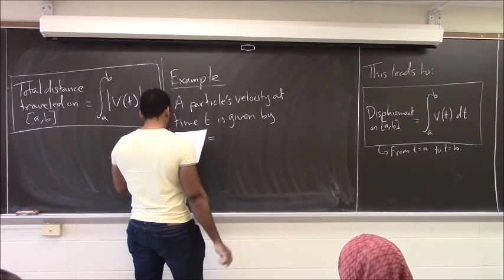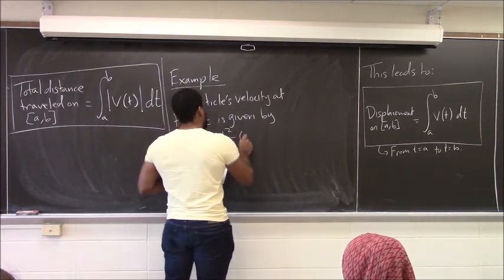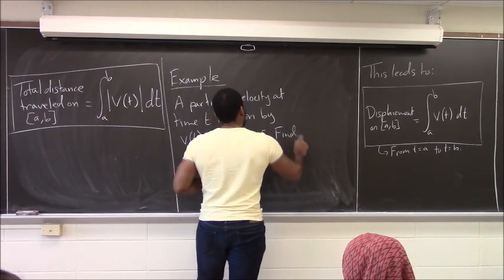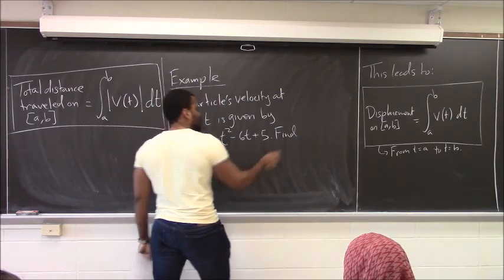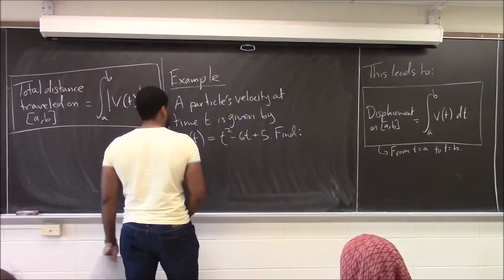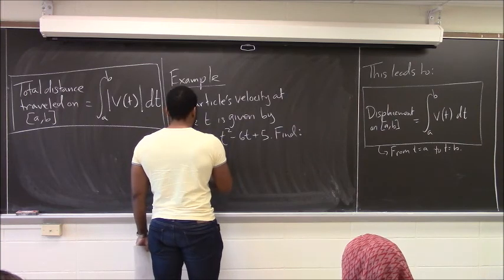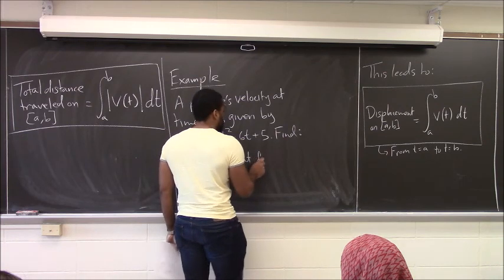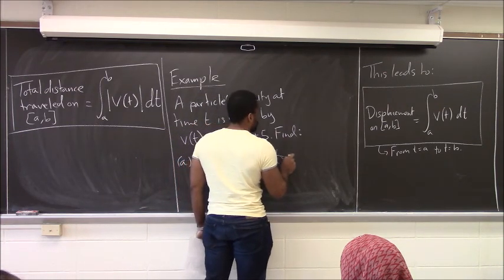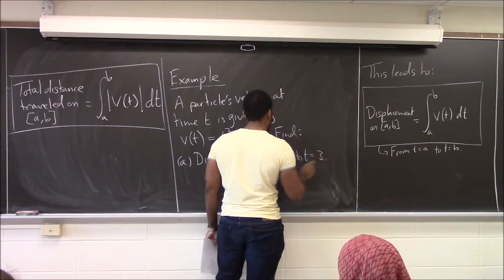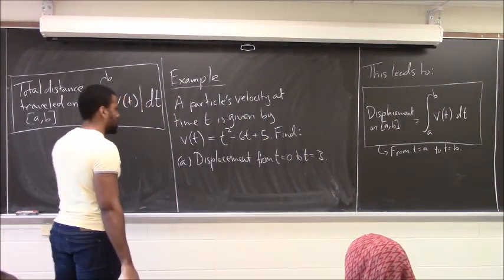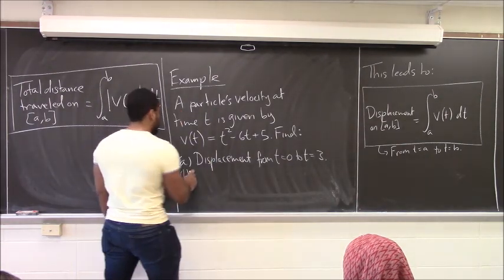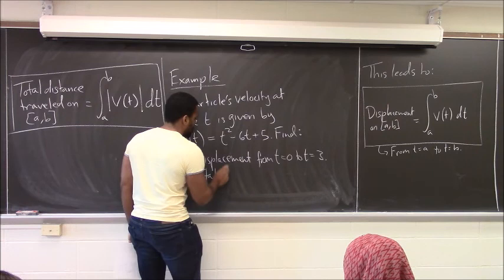But we know the velocity function is given by, say, t squared minus 16 plus 5. I want you to find, one, the displacement from t equals 0 to t equals 3, let's say. So from time equals 0 to time equals 3, what is the displacement experienced by the particle? And two, what is the total distance traveled by the particle?